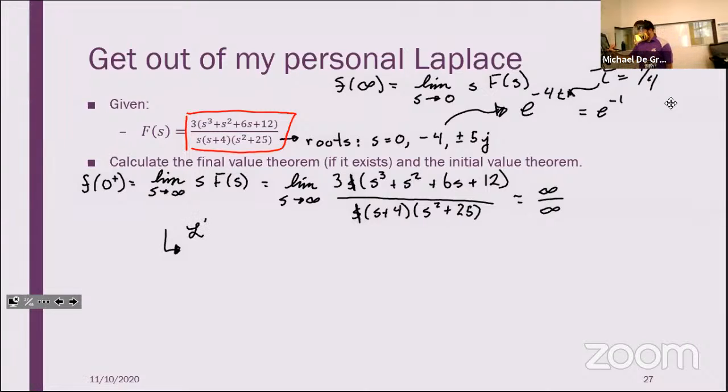Just to refresh you guys one more time on L'Hopital's rule, I take the derivative of the top. If I take the derivative of the top, I get 9s squared plus 12s plus 18, sorry.